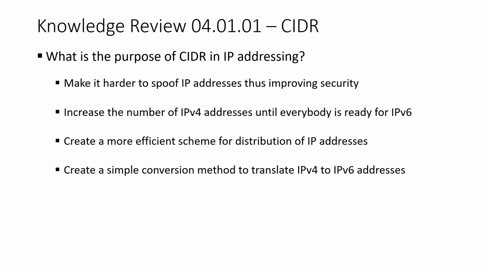Or create a simple conversion method to translate IPv4 to IPv6 addresses. CIDR is the classless interdomain routing scheme, and it is designed to create a more efficient scheme for distribution of IP addresses.